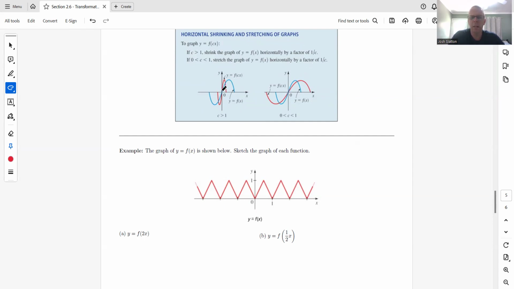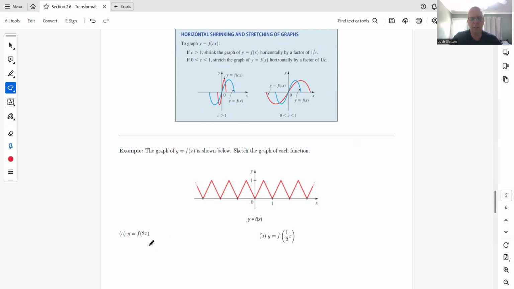So you can see here, if c is greater than 1, we have the original blue graph. We are going to compress that down. And so instead of the x-intercept being, say, 1, it would become 1/2 because we have this c in here. If c is 2 and x is 1, then the y has to be half of what it used to be.